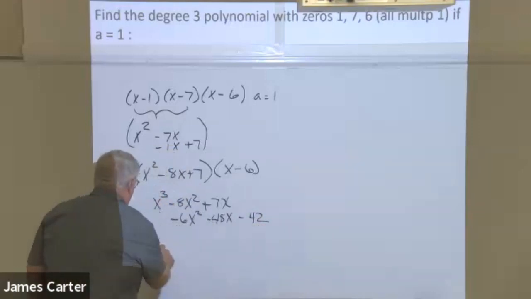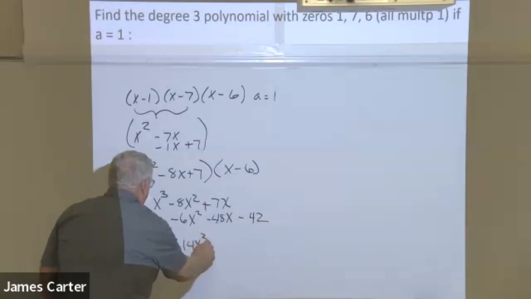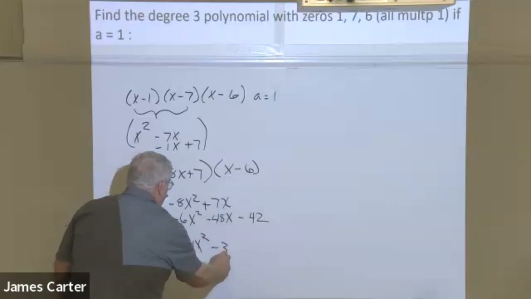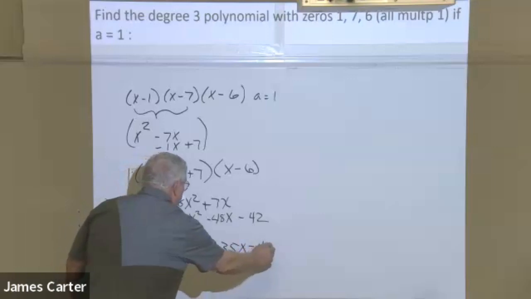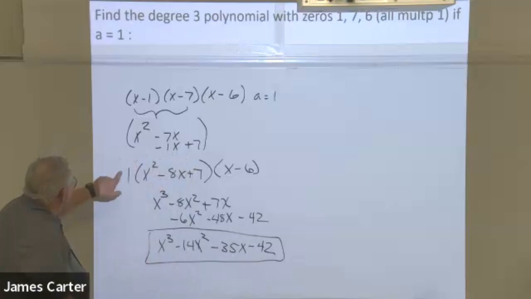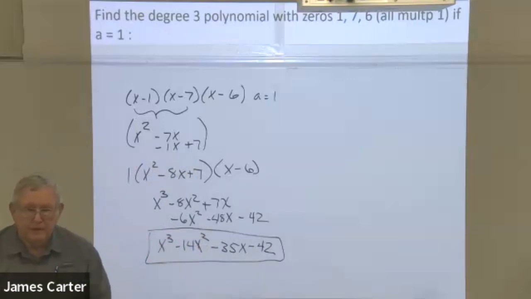Combine that: x cubed minus 14x squared plus 55x minus 42. And that would be our polynomial. Since a is 1, it does not alter. Okay.